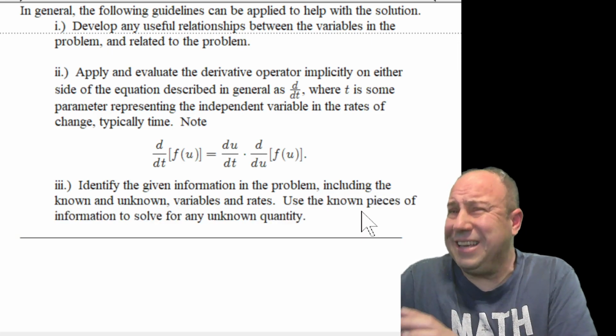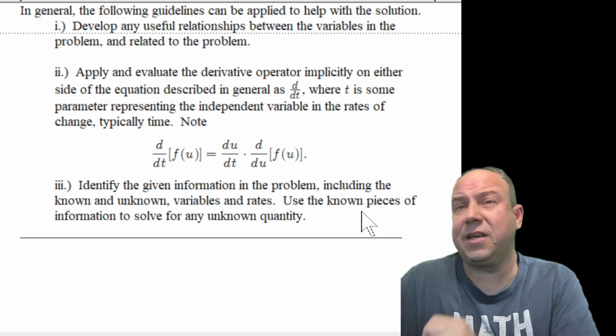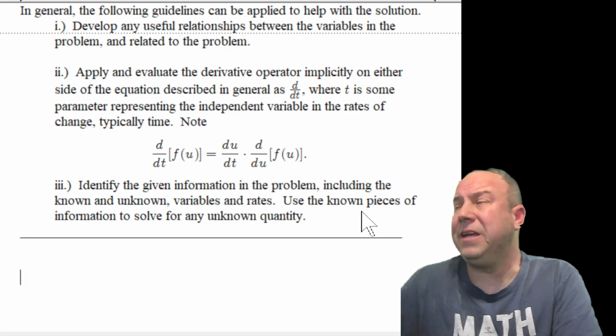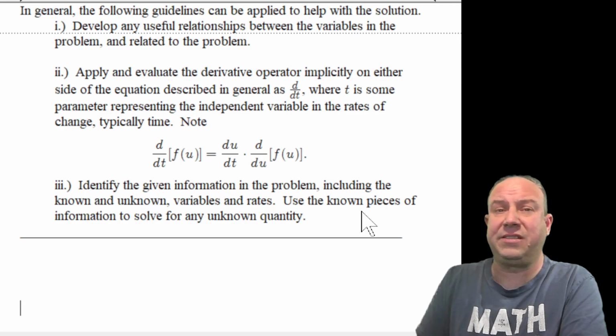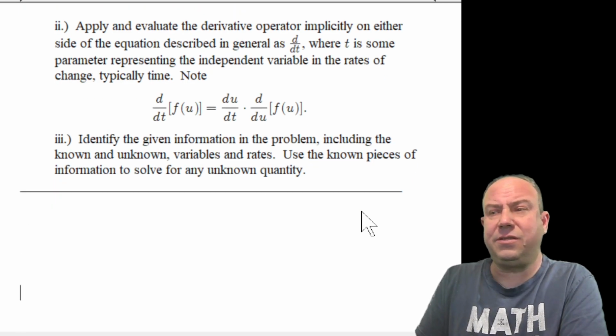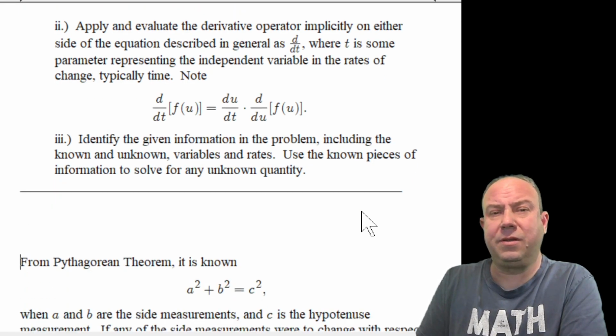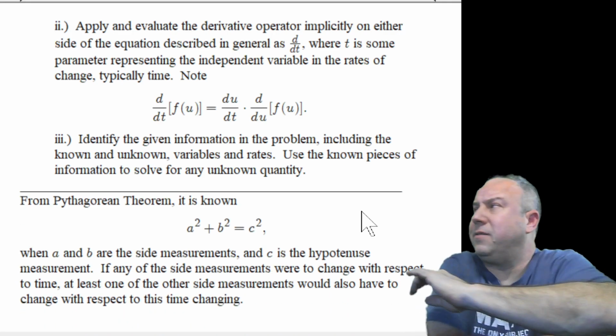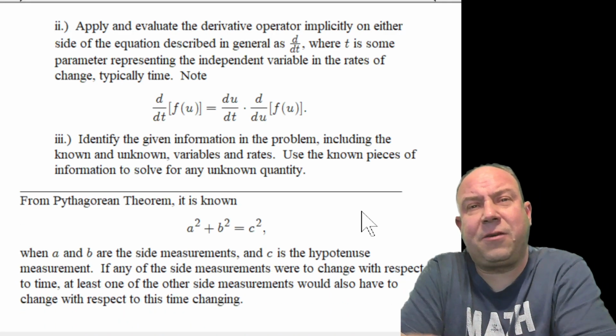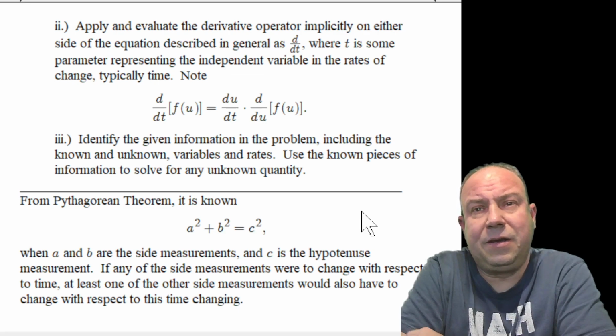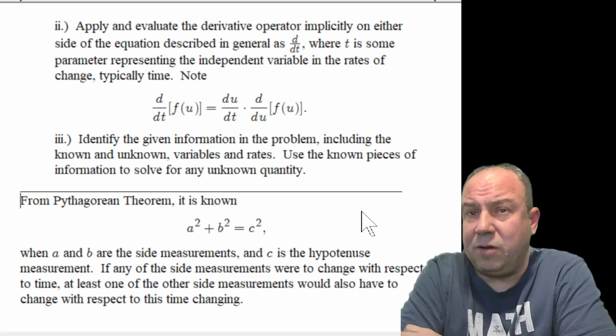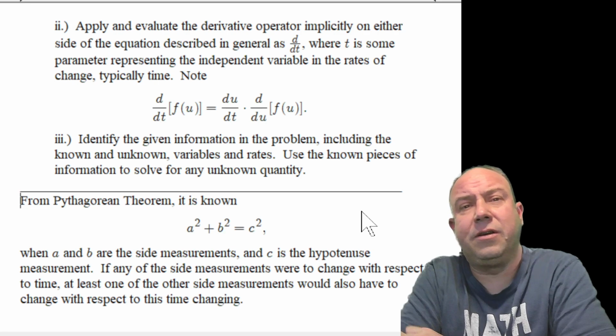All right. And this is, again, very generic guidelines here, folks. These are best illustrated with a little bit of example. So let's do that here. Let's look at a case involving the relationship known as the Pythagorean theorem. Here we have a few variables in relationship with each other.